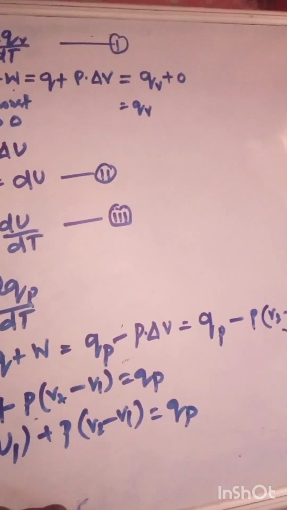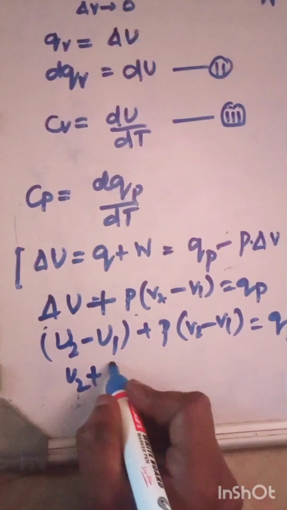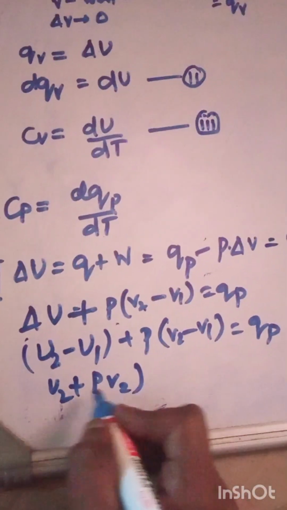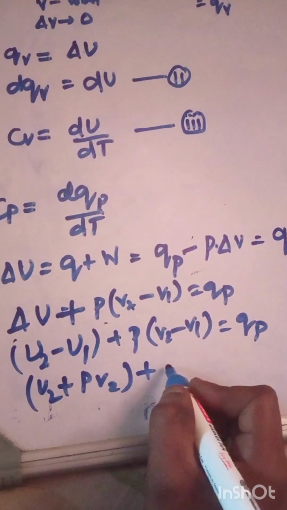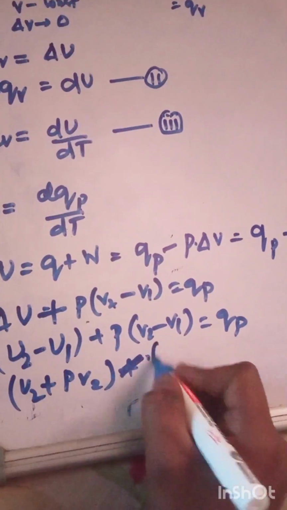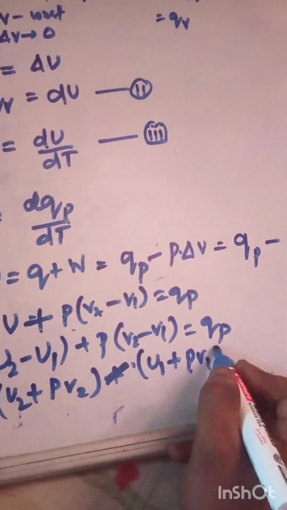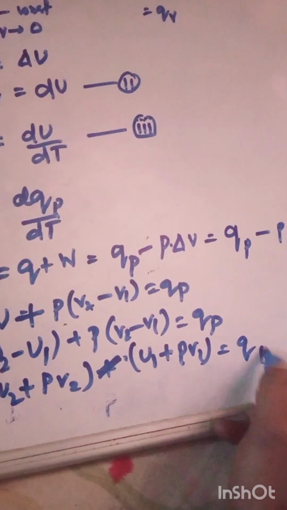So this is (U2 plus PV2) minus (U1 plus PV1) equals Qp.